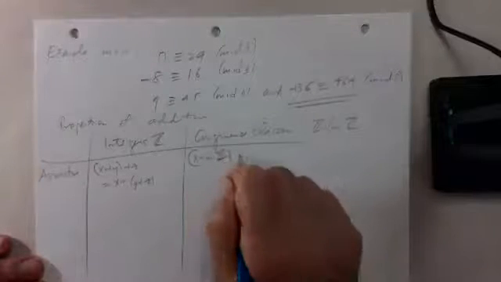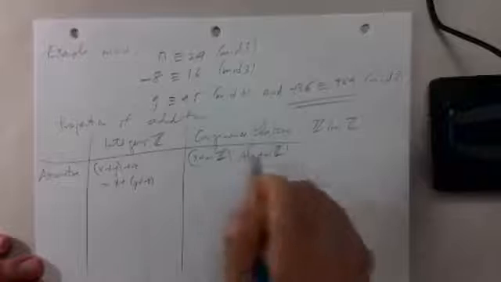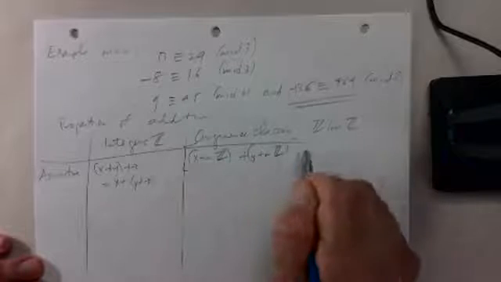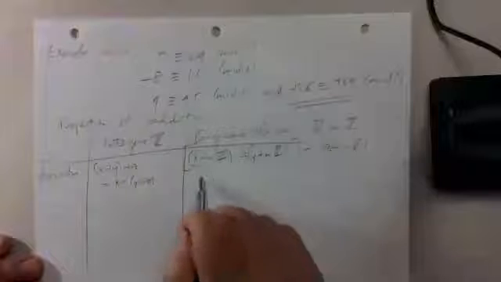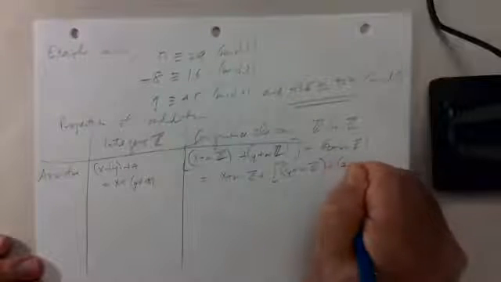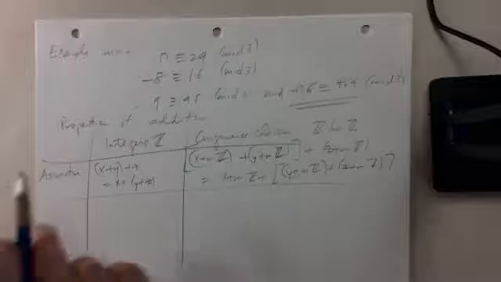Take (x plus mZ) plus (y plus mZ) and add z plus mZ, and you get x plus mZ plus (y plus mZ plus z plus mZ). And it just follows from the definition of addition.